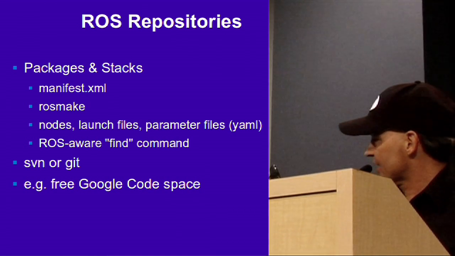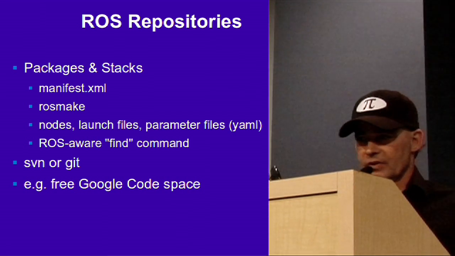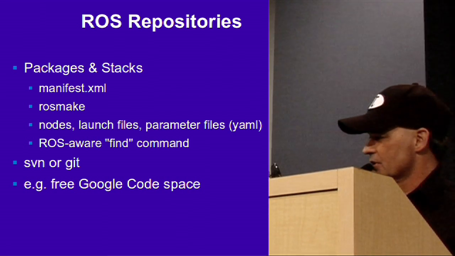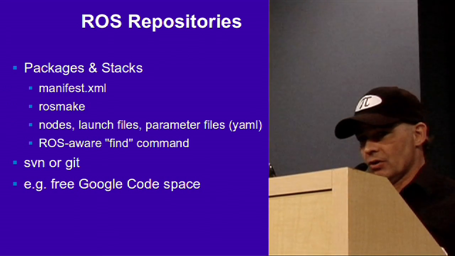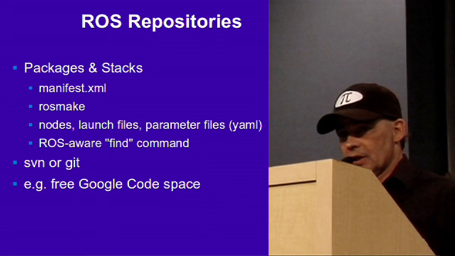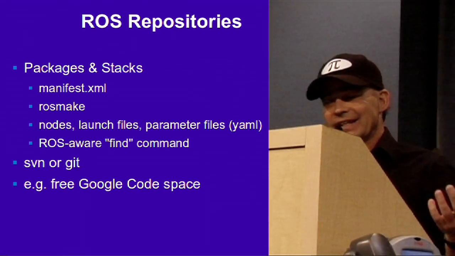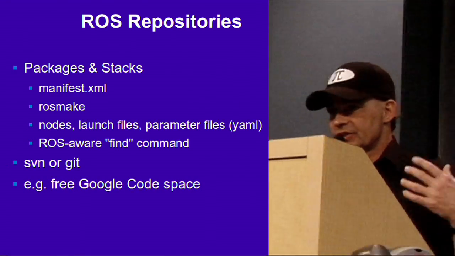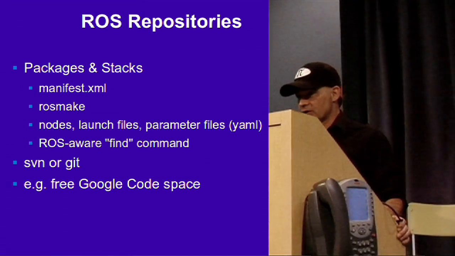And if you want to contribute back, or even just start your own, and this is what I do, even if you're not, for the first couple of months I had nothing to contribute, that's for sure. I was just playing. But I was putting all my code on a piece of free space on Google Code, which supports SVN. It's very nice. I use Eclipse as an editor, which has a nice project manager built in, and you can get an SVN module for it.